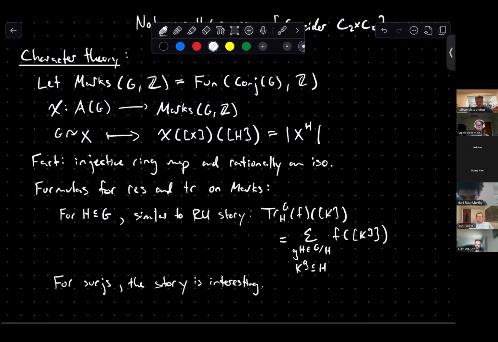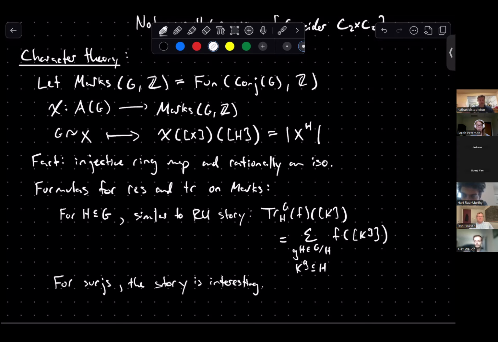So there's a thing you can do. Of course, there's a formula on the level of marks, at least with rational coefficients, for the transfer along a surjection. Why do I know that's true? It's true because I can rationalize chi. That's an isomorphism. I can invert the matrix, do the transfer on the Burnside ring, and go back down through chi. And I can just trace through the formula for that.